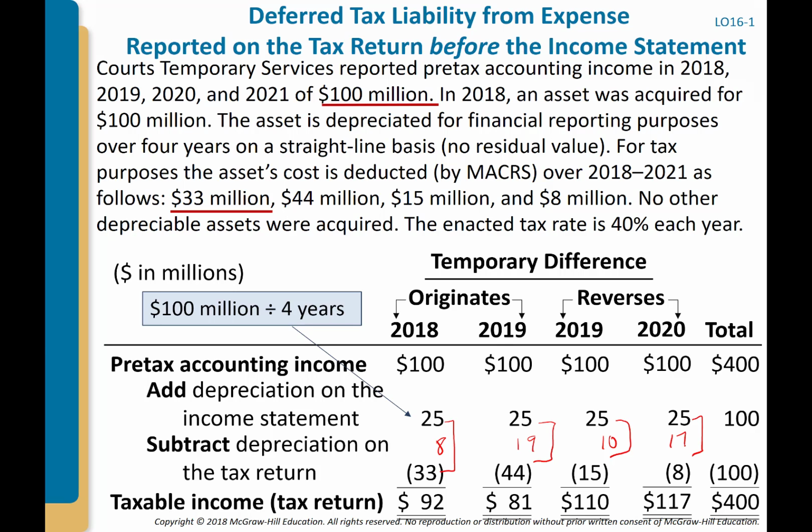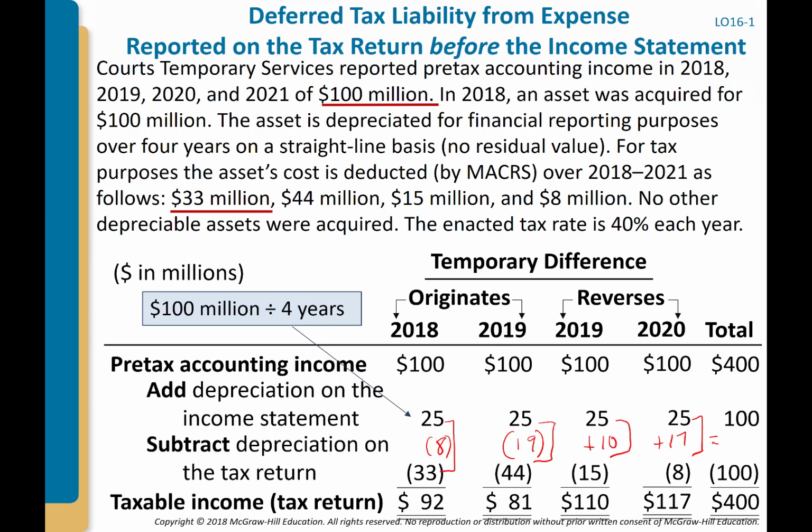So the total difference here then is going to be what? These are negative numbers, and these are positive numbers when it turns around back, right?